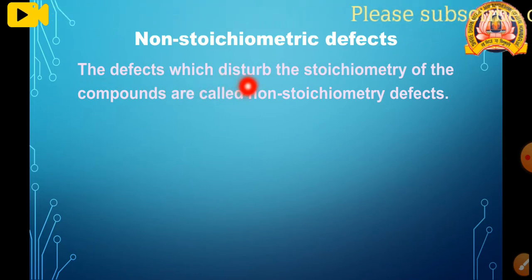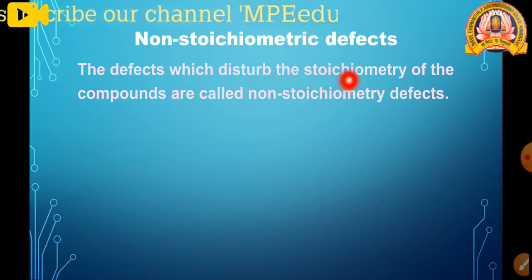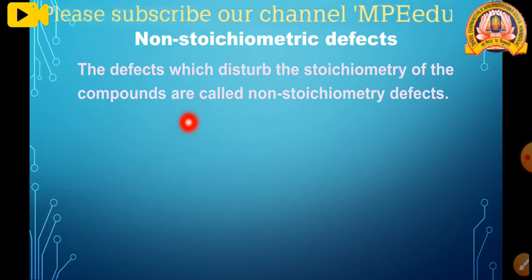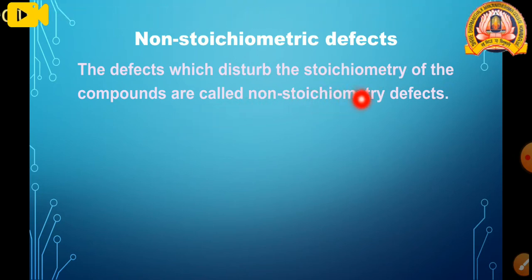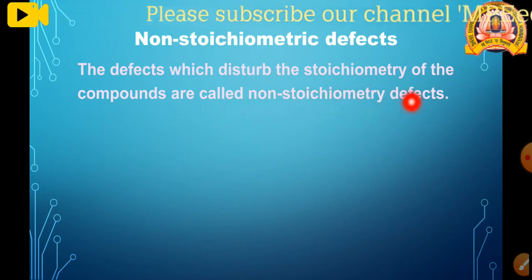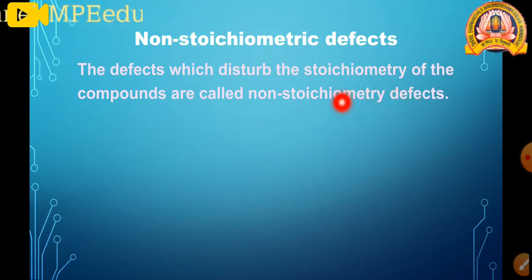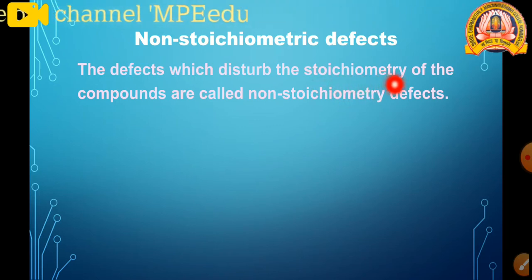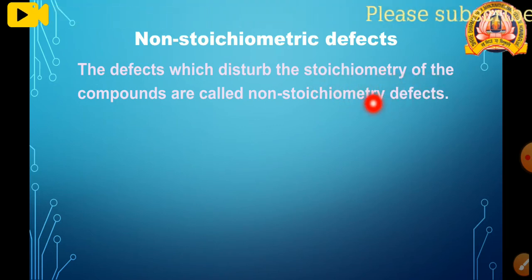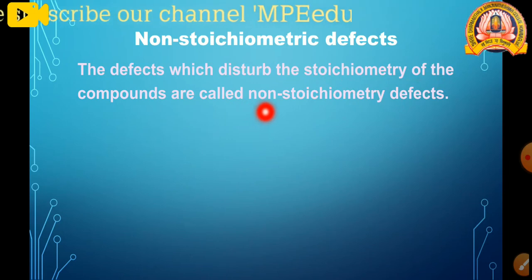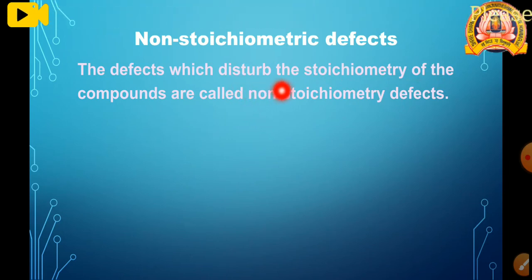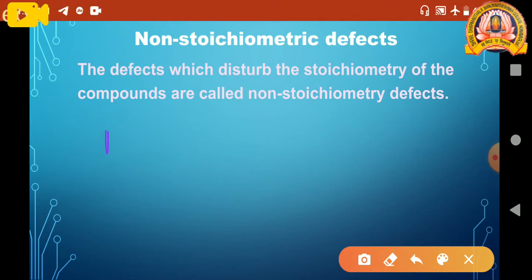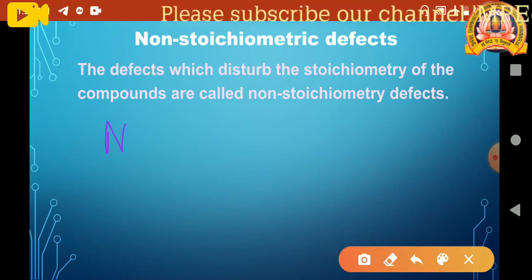Before that, what is a non-stoichiometric defect? Defects which disturb the stoichiometry of the compounds are called non-stoichiometric defects. What do you mean by this? Stoichiometry of the compound is disturbed. Stoichiometry means correct, non-stoichiometry means not correct.